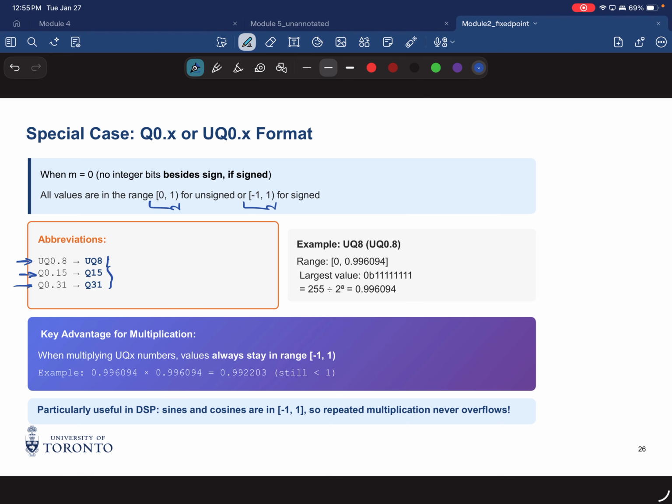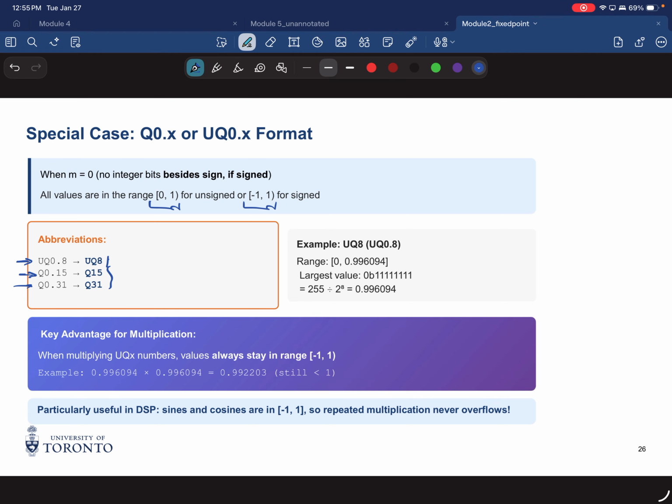What is the benefit of doing that? It's that when you're multiplying or adding, it's always staying in that bound, and you don't have to worry about overflow. That's why for a lot of DSP applications, they use the QX or UQX format.